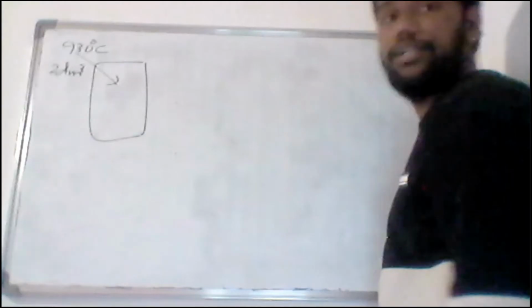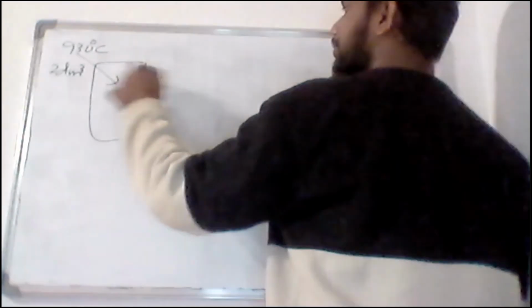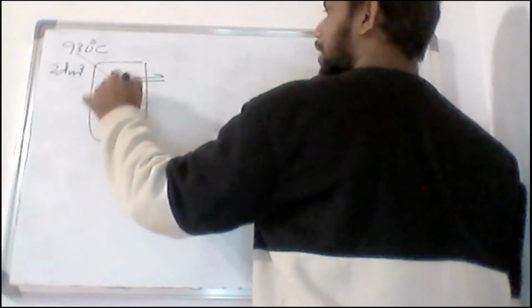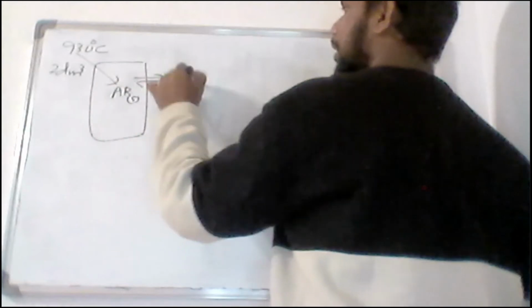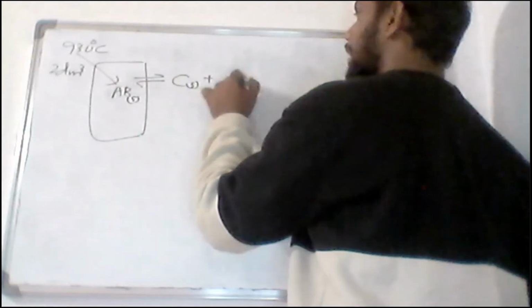When this reaction is done in a closed container, the volume is given, the temperature is given as 930 degrees Celsius, and this reaction is in equilibrium where AB solid gives C solid and D gas.